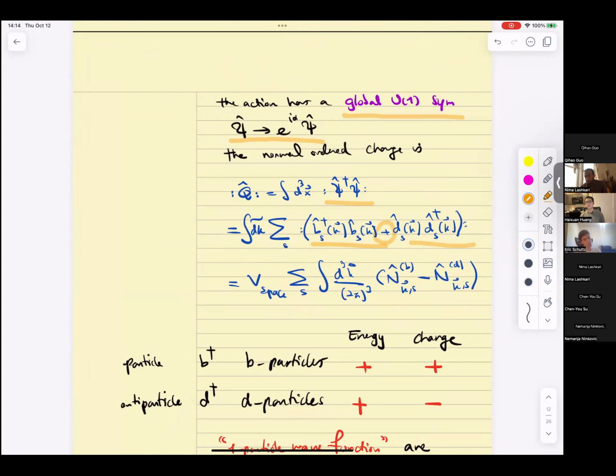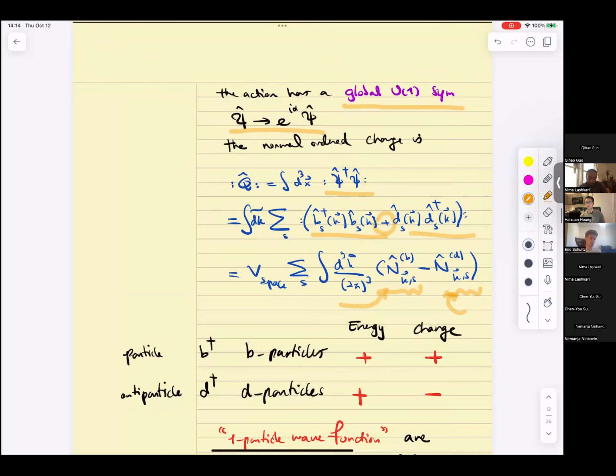That's why we worked out that example in between the scalar and the Dirac fermion. And then you learn that the charge associated with this is the number operator for B particles minus the D particles. So if we are to interpret B and D as particle and antiparticle, they both have the same energy. They both have positive energy, but they have opposite charges. This is very analogous to the story of the complex scalar field.